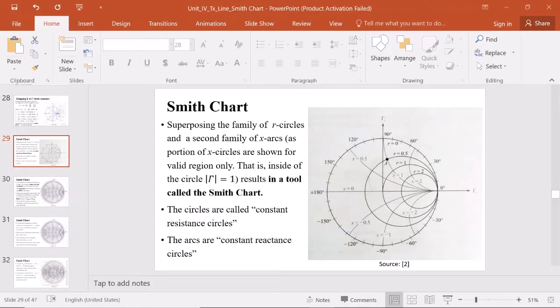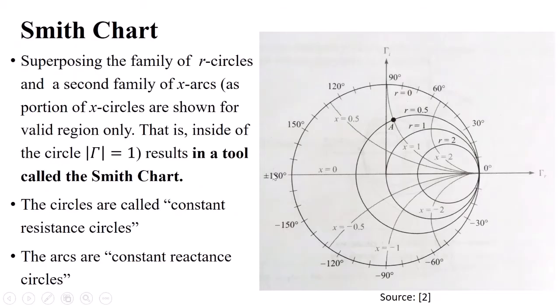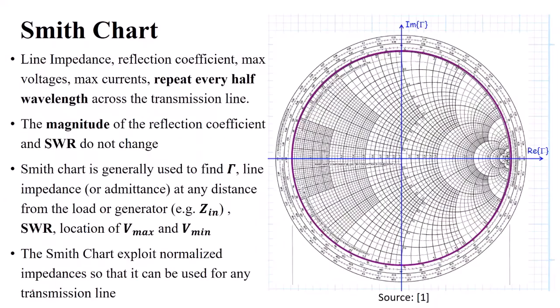Here we have seen that the Smith chart has two types of circles. One is the full circles, which are called the constant resistance circles. And we have arcs, these are called the constant reactance circles.